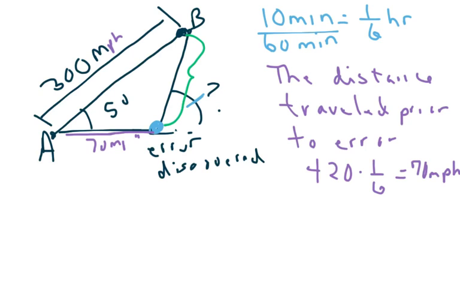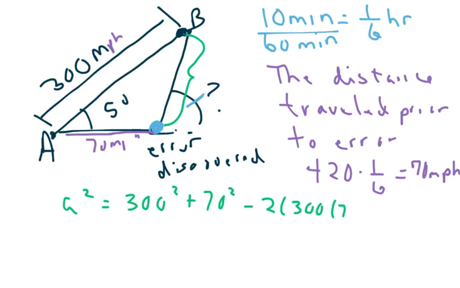So we're going to take A squared equals 300 squared plus 70 squared minus 2 times 300 times 70 cos of 5 degrees.